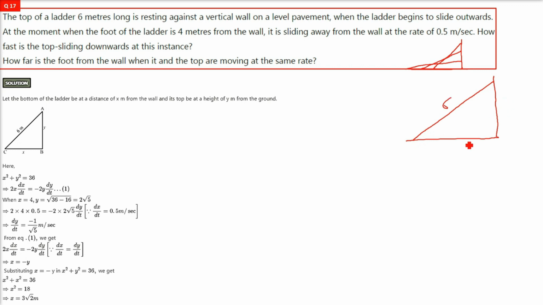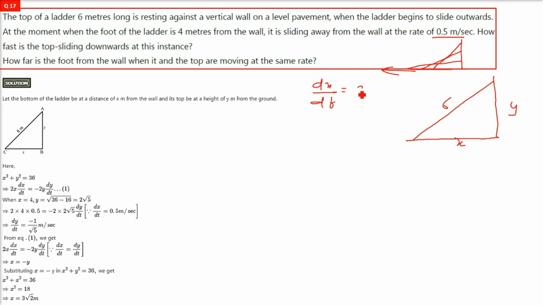Let's take this as x, and this as y. The rate is given, and they are asking for the rate. That means one will be dx by dt, one will be dy by dt. So the rate is 0.5 meter per second, and it is sliding away from the wall. So dx by dt is given as 0.5 meter per second.